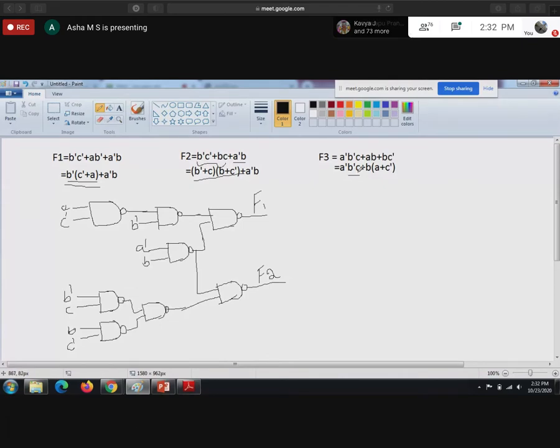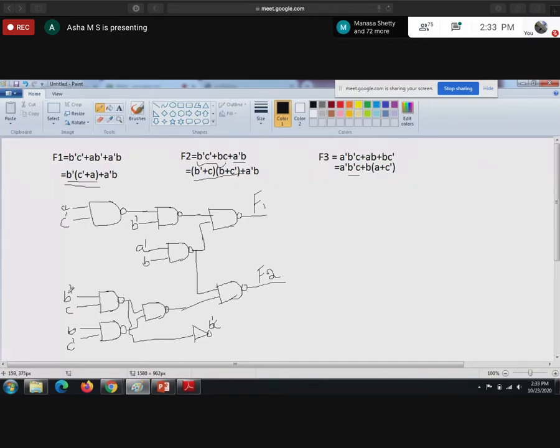Again, I want to retain this as it is. So what am I going to use here? I'm taking one more connection from here for F3. Let me take from this. So here I'm going to use an inverter. Inverter means the NOT gate, to retain B bar C as it is, because here we have used a NAND gate, so it will be inverted, correct?